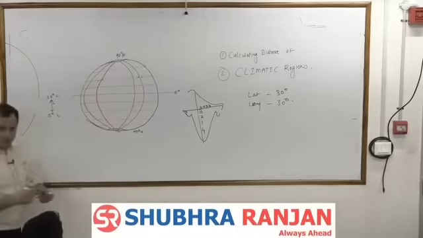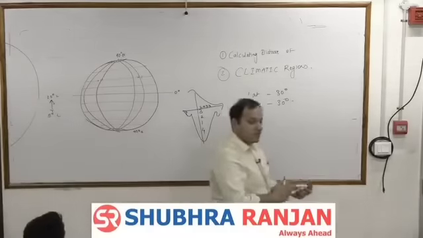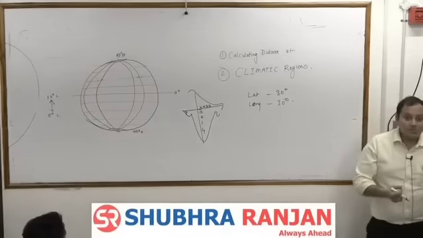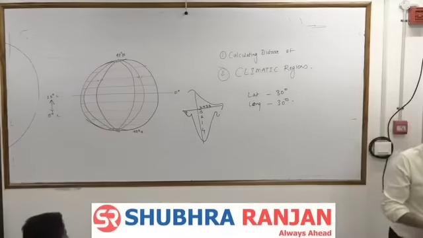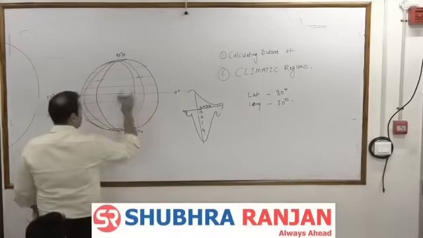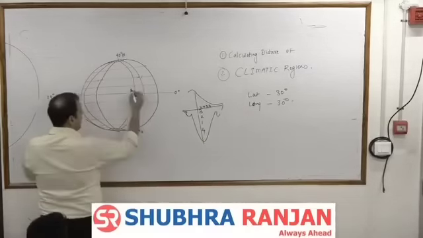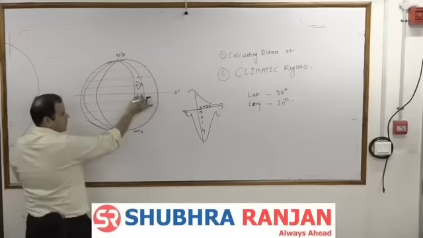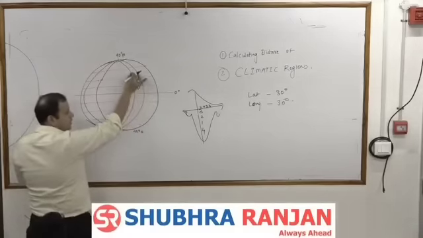Both have the same degrees of latitude and longitude. Why is it so? Yes, because India is located away from the equator. It is somewhere here that India is located. And because India is located away from the equator, the distance between the longitudes is decreasing.